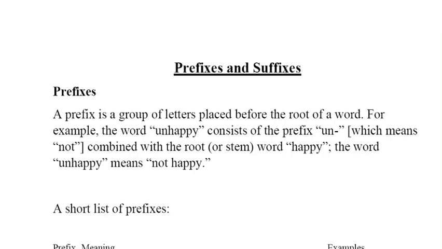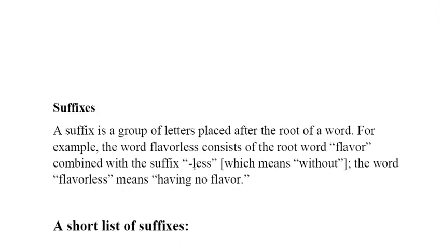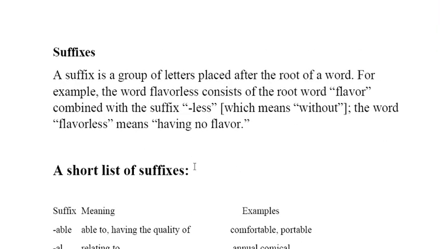Okay, so this is the definition of a prefix. And what's the definition of a suffix? A suffix is a group of letters that is placed after the root of a word.